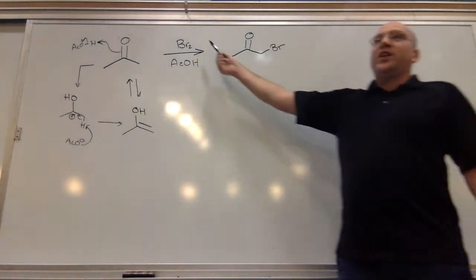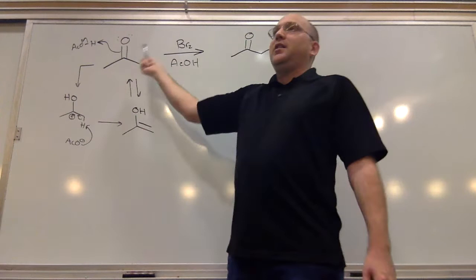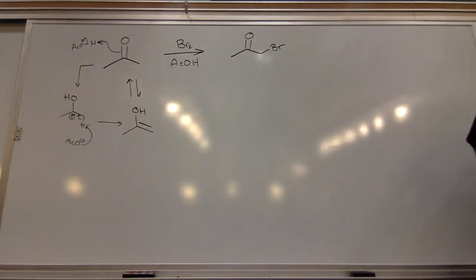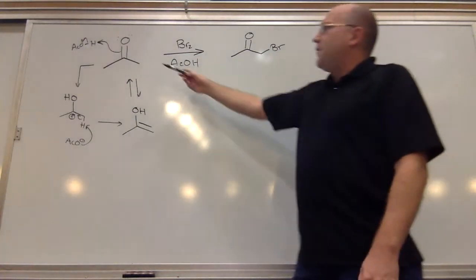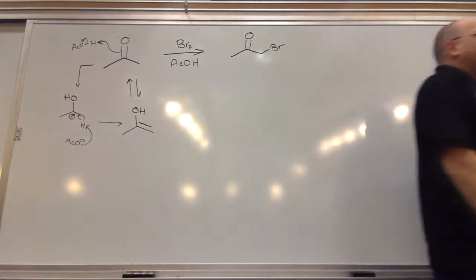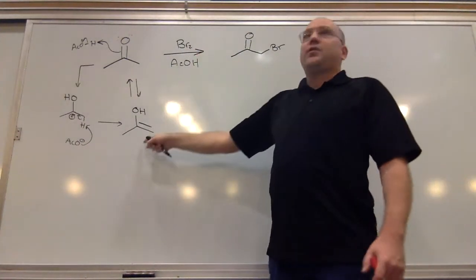And given that we have bromine as our electrophile, having one electrophile react with another electrophile might not be that obvious, but the enol form is in fact nucleophilic. And so we've seen this reaction before.